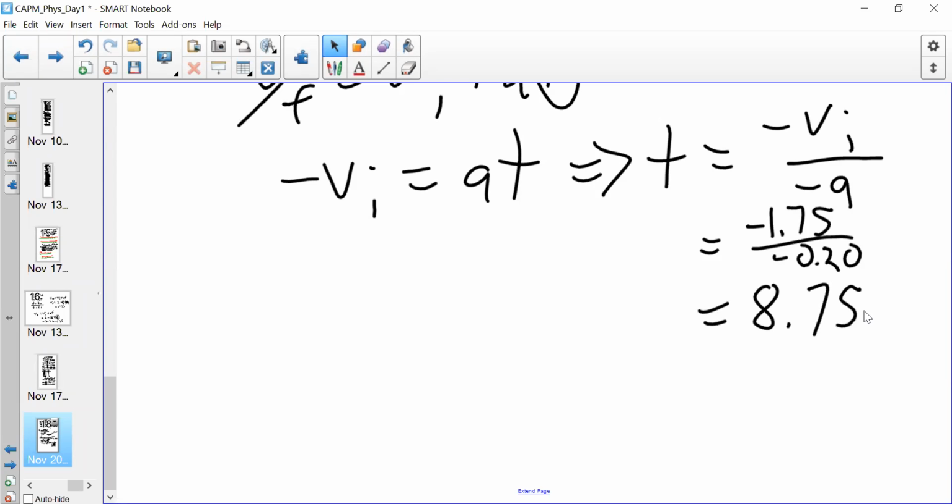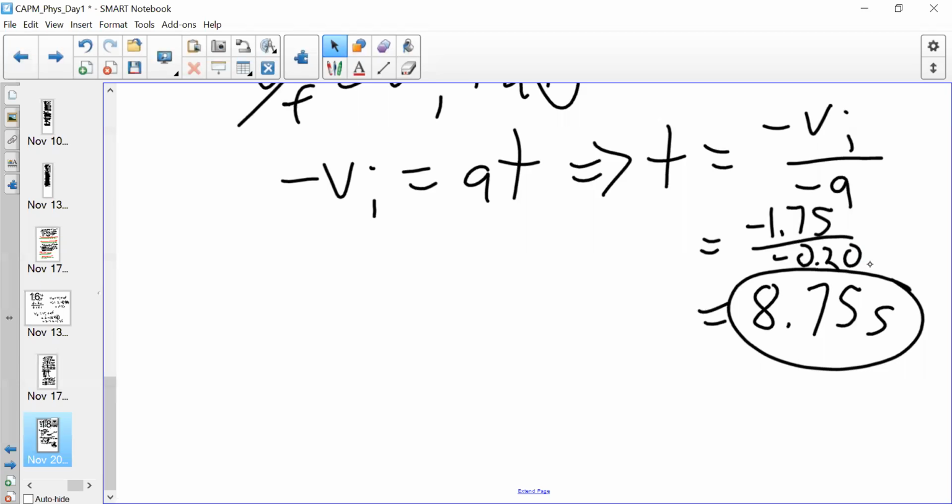Yeah, that's a proper assumption. 8.75 seconds is your answer. That's how much time it takes her from when she begins to slow down to the point when she goes back down the incline. Kind of awkwardly worded there, but that's the point.